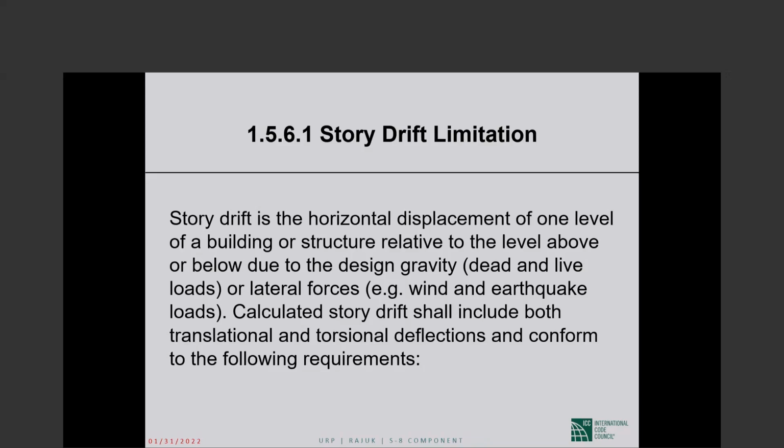So as I said, gravity loads seldom cause lateral deflections unless there is a distinct lack of symmetry. And in that case, you will keep dead plus 0.5 live on your structure as you try to calculate deflection for wind loads. Calculated story drift shall include both translational and torsional deflections and conform to the following requirements.